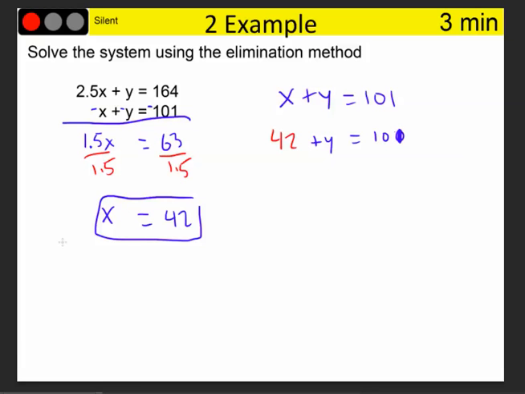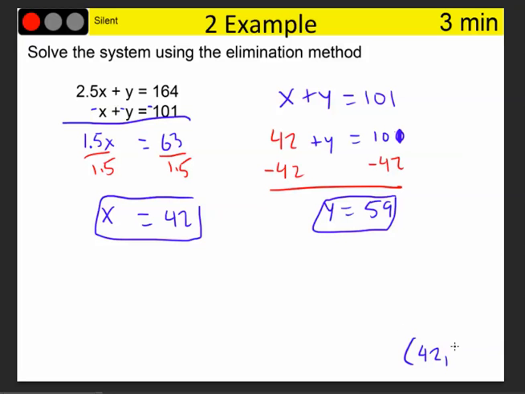And then I'm going to subtract 42 from both sides. And I'm left with y equals 59. So my solution is (42, 59). And if you want, you could also write that like this.